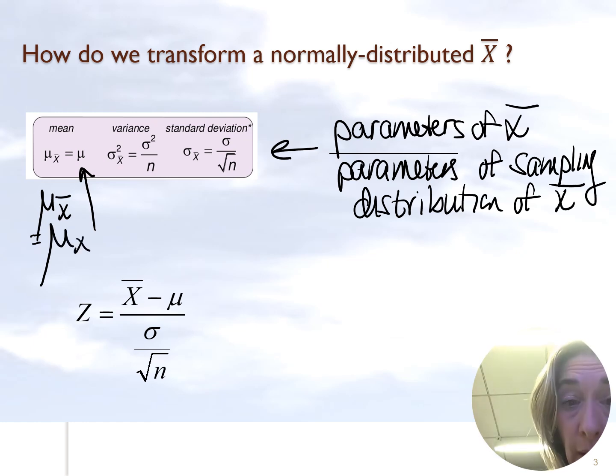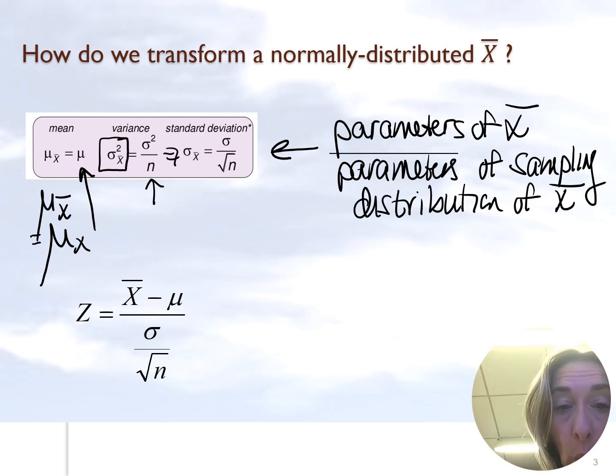The variance of X bar, written like this, is actually sigma squared over n. Remember that the variance for X bar is always less than that for X by a factor of n. In other words, we divide by n in the denominator. The standard deviation then is simply the square root of the variance.